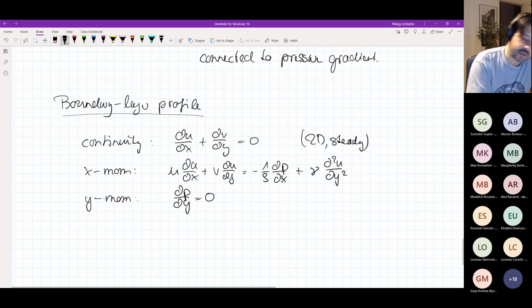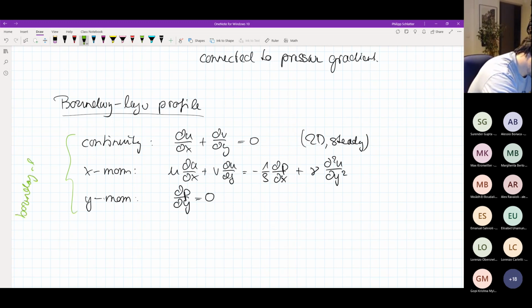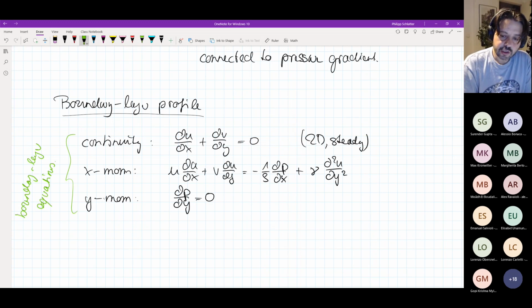So this is what you talked about. That's the Prandtl approximation, or the boundary layer equations. Essentially, we have removed one term in the viscous term in the x momentum equation, and the y momentum equation just says that the pressure is independent of y.